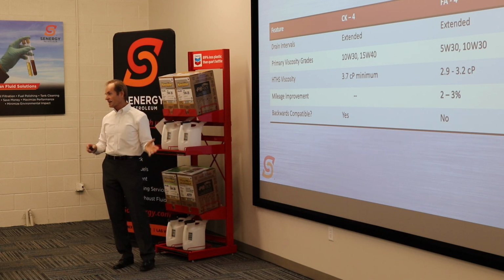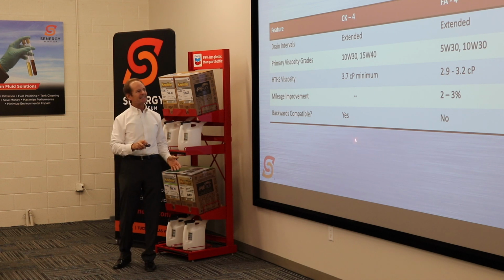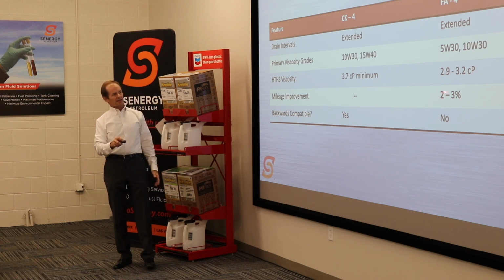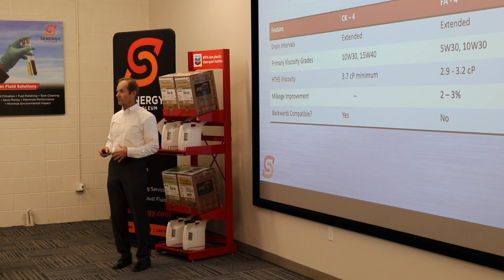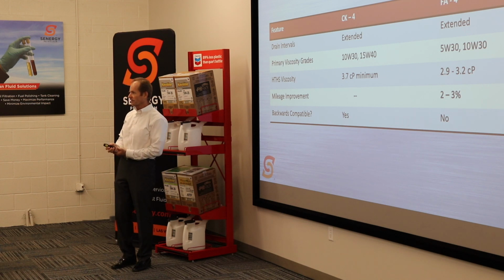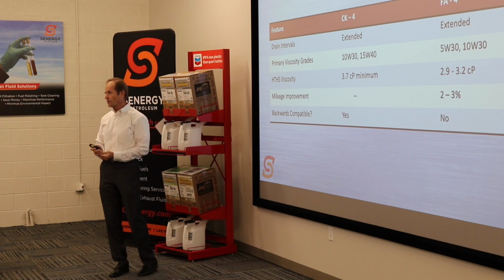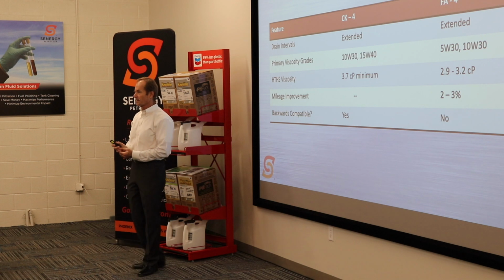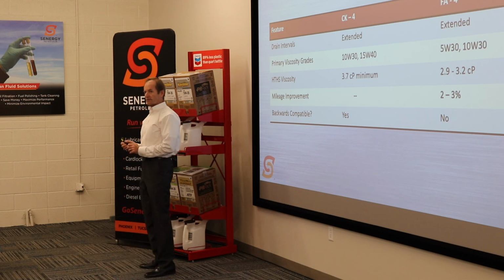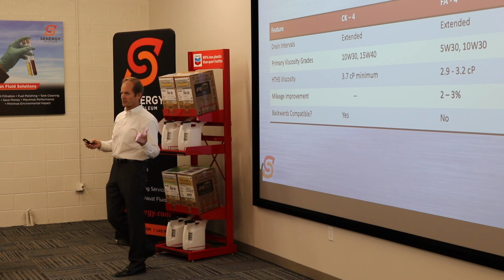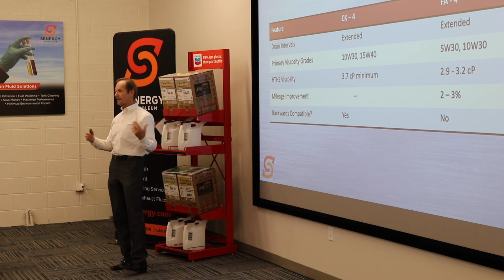The whole design, the whole impetus behind that, the whole idea is this. The FA4 will give you somewhere between 2 and 3% fuel savings over CK4. All right? Now, if you're driving your Dodge Ram around, you may not notice the 2 or 3%, or it may not bother you much.